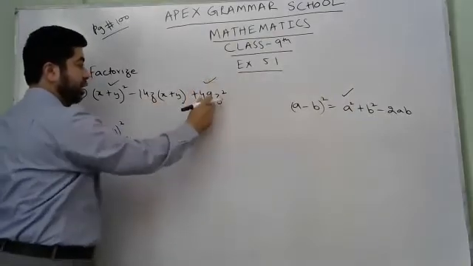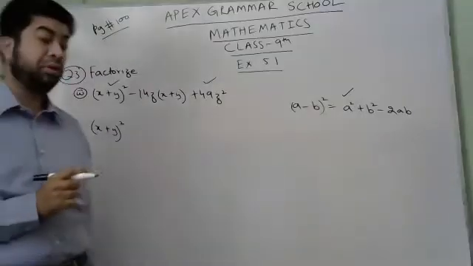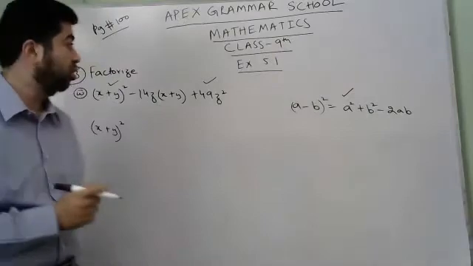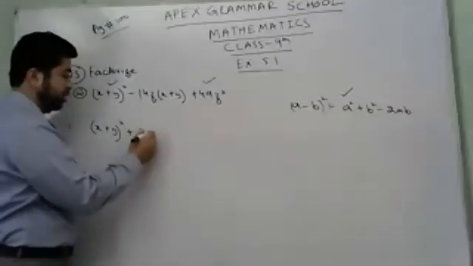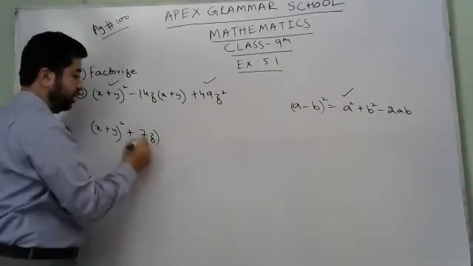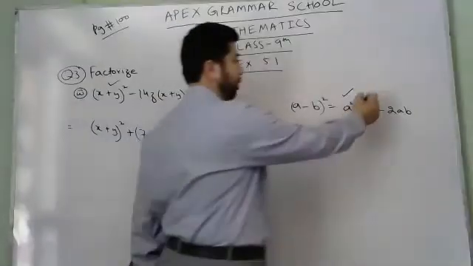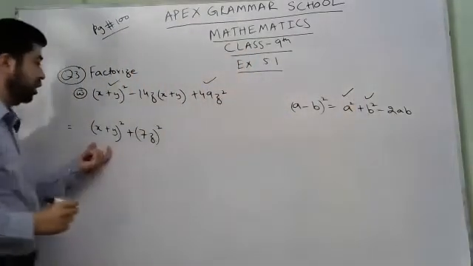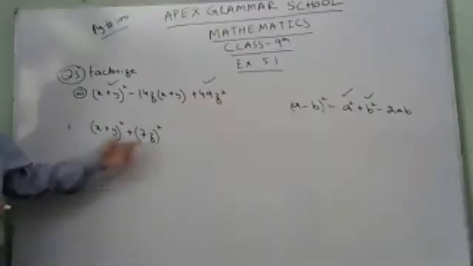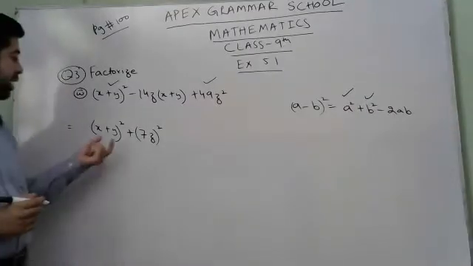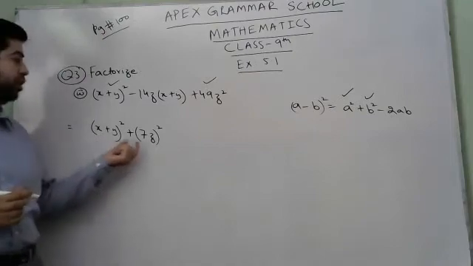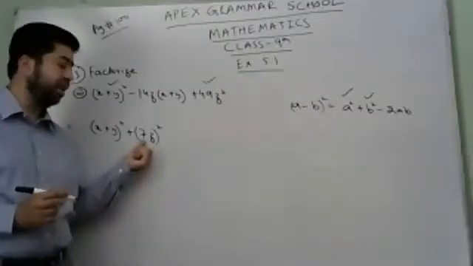Yes, we have 49z square, and you know very well that 49 is 7 square, so 7z whole square is b square. So the value of a here is x plus y, and the value of b here is 7z.